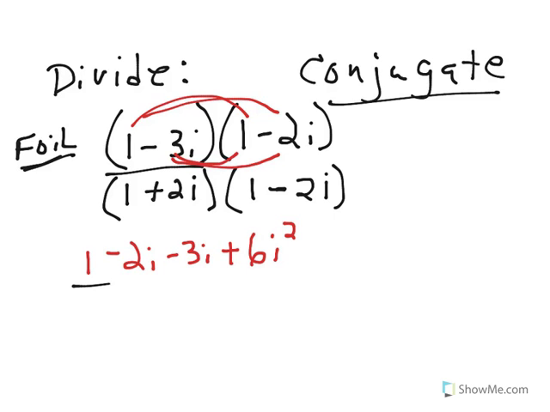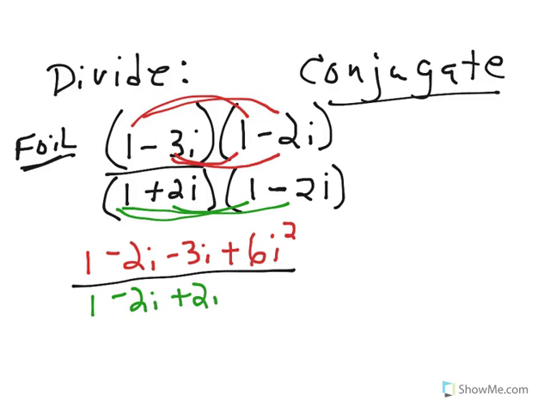In our denominator, we multiply 1 times 1, which is 1. 1 times negative 2i is negative 2i. 2i times 1 is positive 2i. Notice how those two will cancel out. And 2i times negative 2i is negative 4i squared. Remember, i squared equals negative 1.